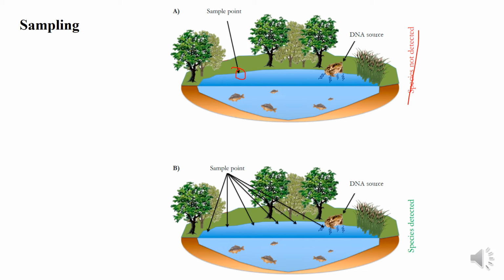But if you sample from a vast area, here and there randomly, taking a huge water sample, then it's possible that you can detect the species. That's why sampling requires a huge amount.